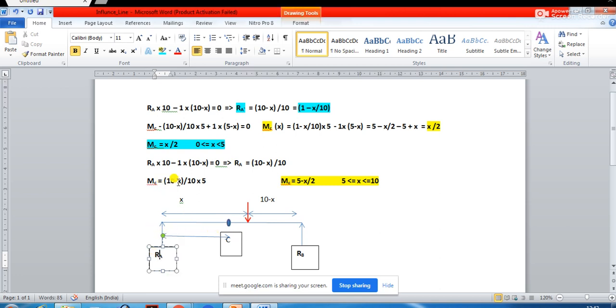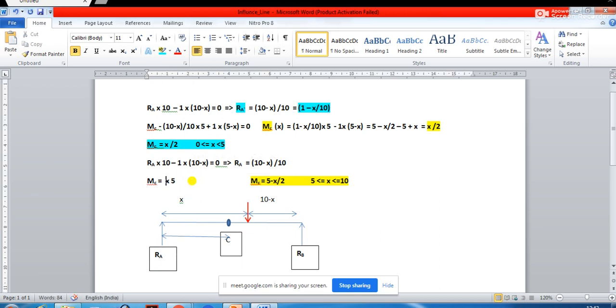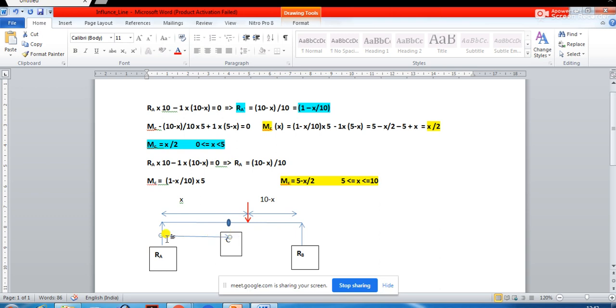So what is reaction R_A? Reaction at R_A is 1 minus x upon 10. And what is the distance from here to here? This distance is 5. And will there be any moment because of this load 1? Anyone? No, sir, because it has crossed the point C.